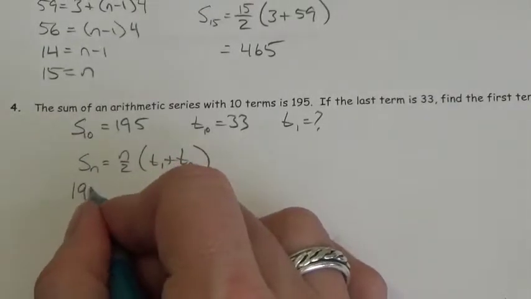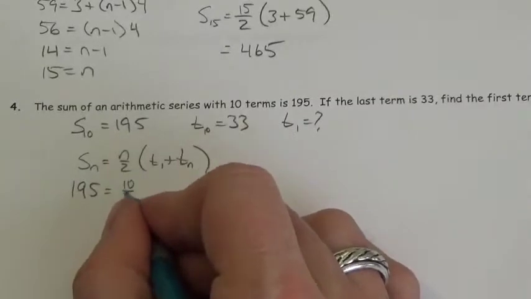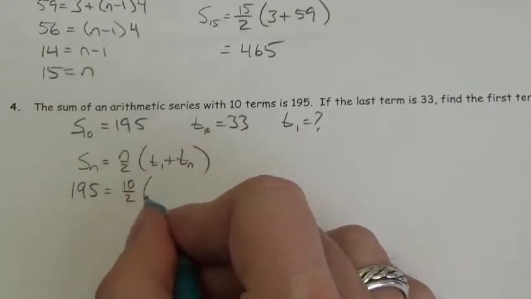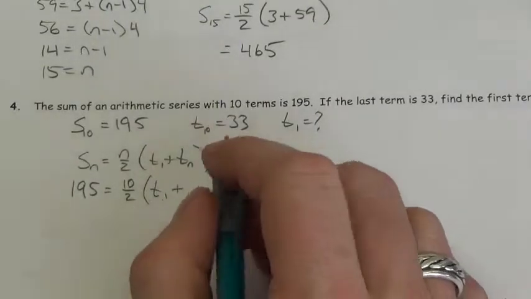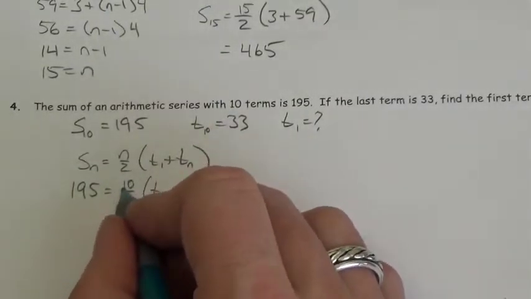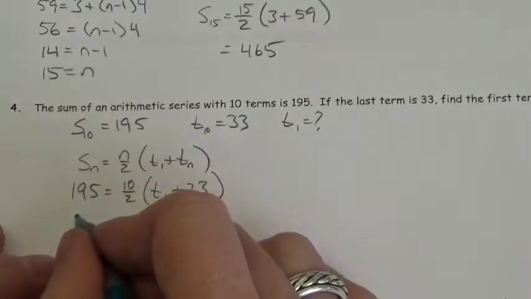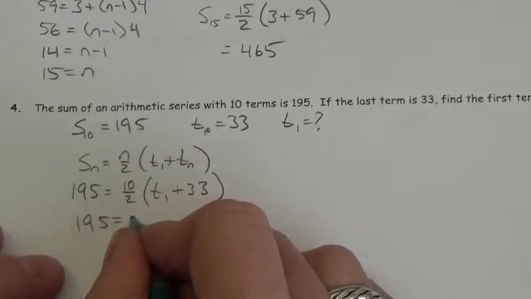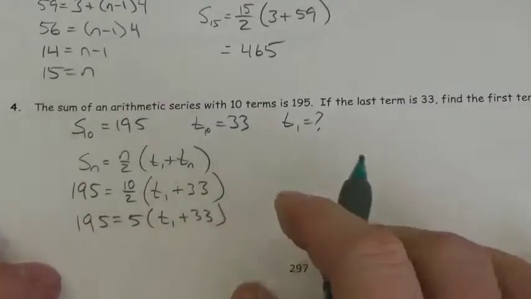So if the sum is 195 when n is 10, I can plug in 10 for n. I don't know the first term, that's the whole point, but I do know that the 10th term is 33. So 195 is equal to 5 multiplied by T1 plus 33.